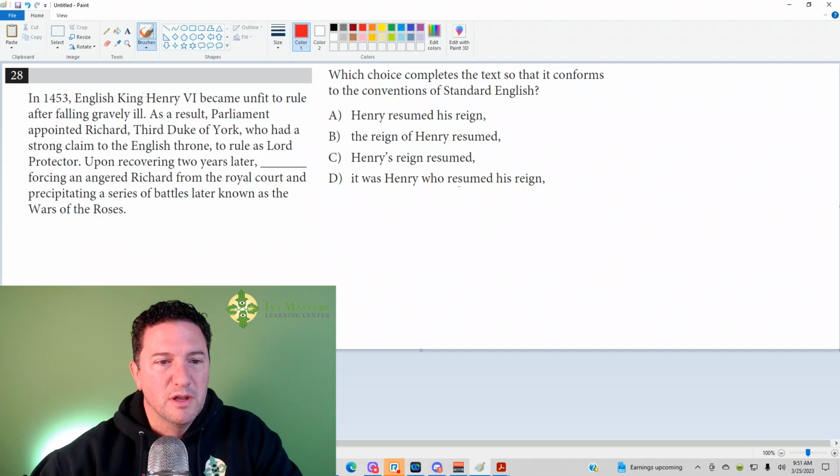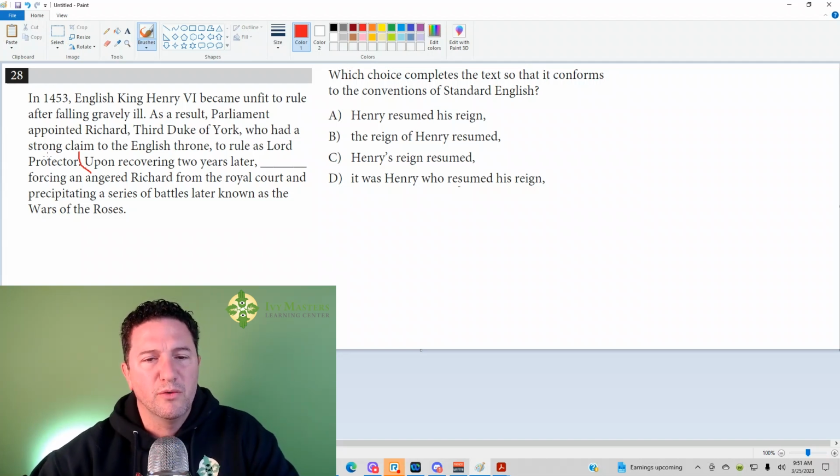As a result, Parliament appointed Richard, the third Duke of York, who had a strong claim to the English throne, to rule as Lord Protector. Upon recovering 2 years later, forcing an angered Richard from the royal court and precipitating a series of battles later known as the War of Roses. Which choice completes the text that conforms to the conventions of standard English?